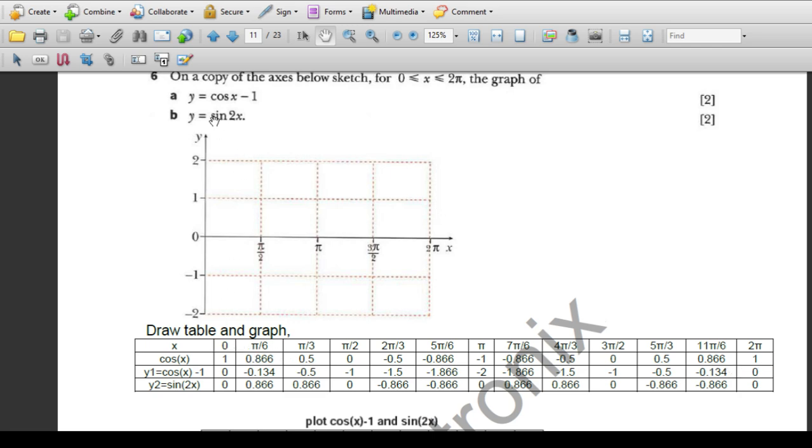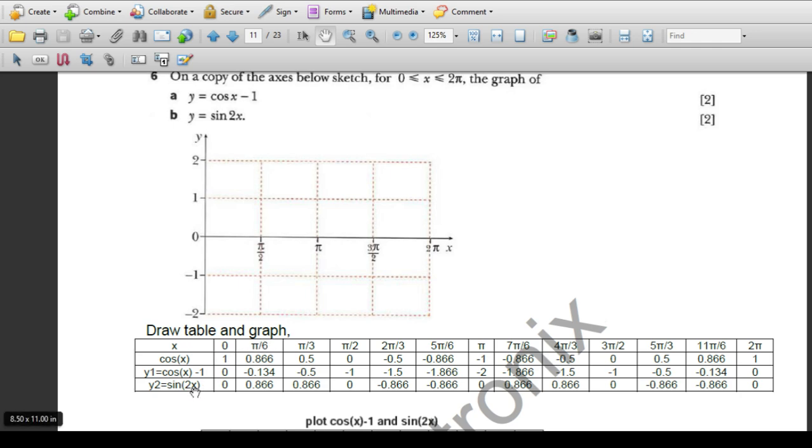And similarly, y is equal to sine 2x. At 0 it will be 0, at pi by 6 it is 0.866. At pi by 3 this is again 0.866. Because this is pi by 6, so this pi by 6 becomes 2 pi by 6, because we have x in place of pi by 6 here.